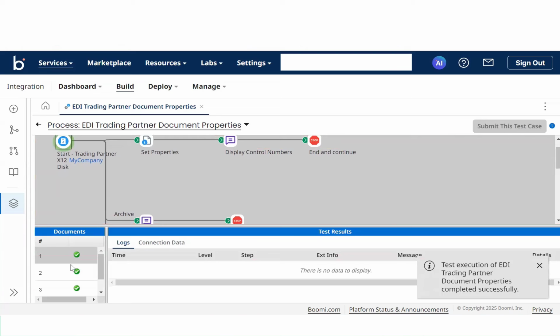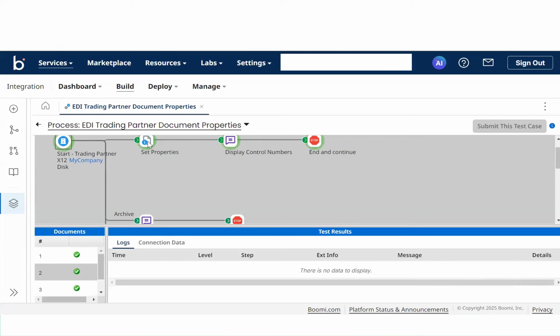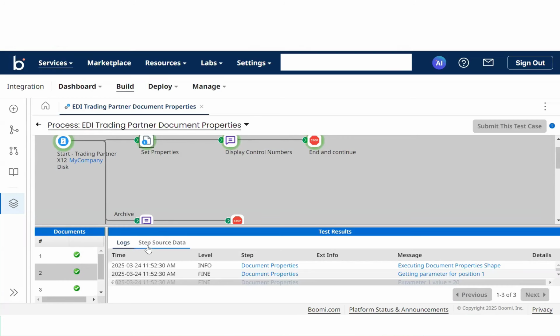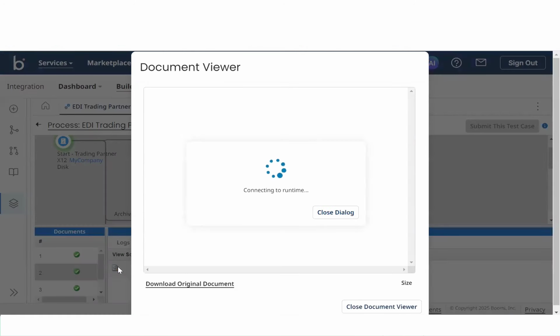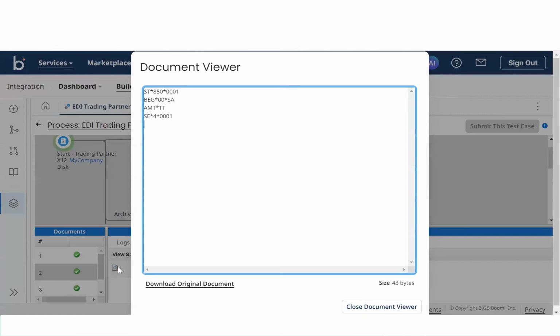We're going to observe the documents. This first document that is sent down the documents path again represents a single transaction set, and this transaction set has an ST control number of 0001.